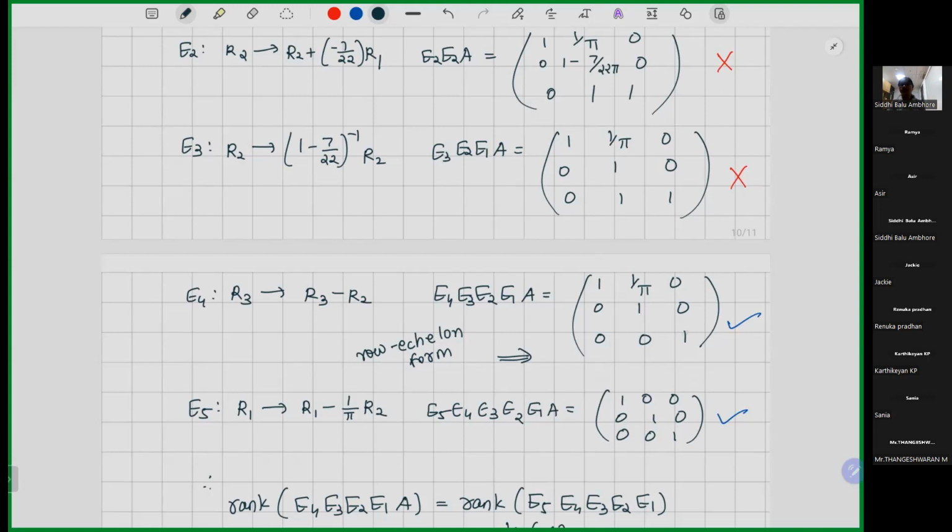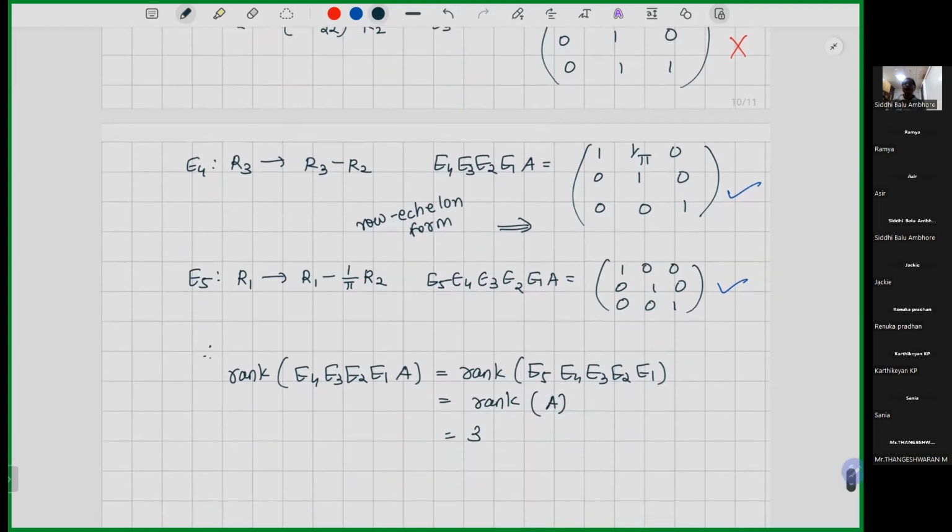And similarly, the rank of a matrix is equal to the number of its non-zero columns. Yes, that is also true, but if you are applying that definition, that the rank of a matrix is equal to the number of its non-zero columns, then you have to have the matrix in its column echelon form. Okay, so have the matrix in its column echelon form, then you can conclude the rank of a matrix is equal to the number of non-zero columns.